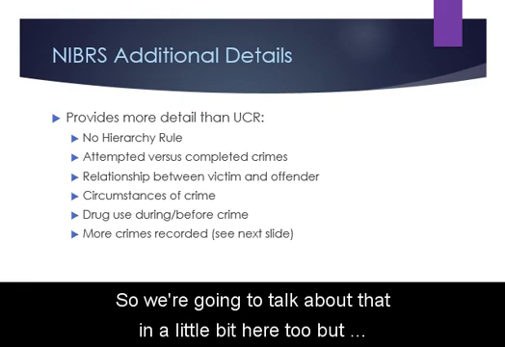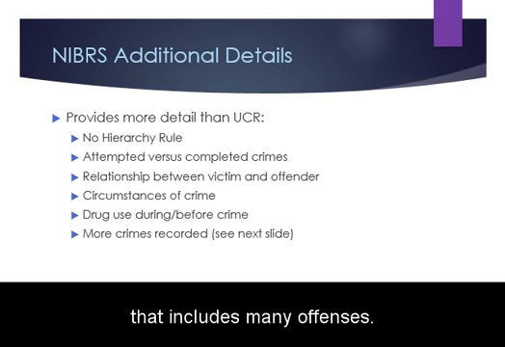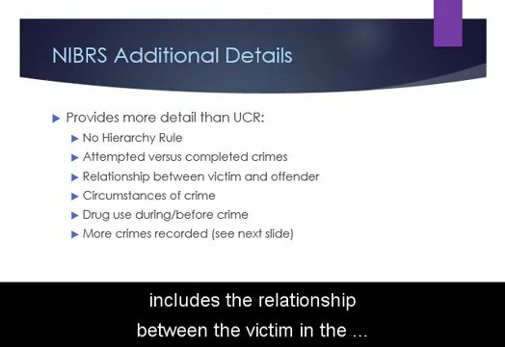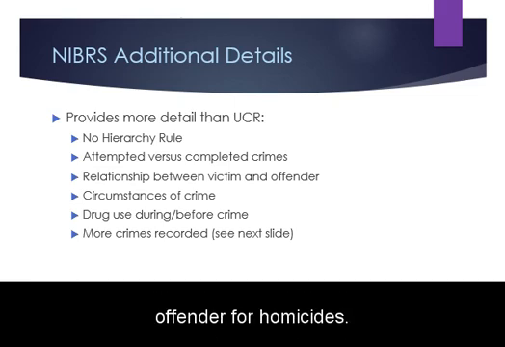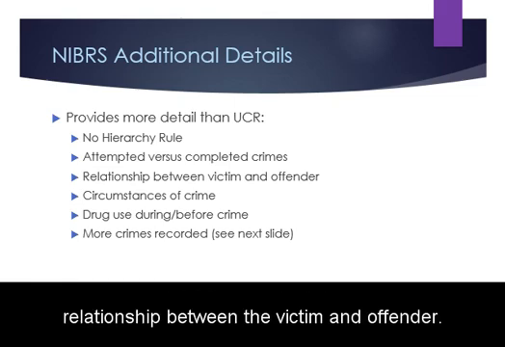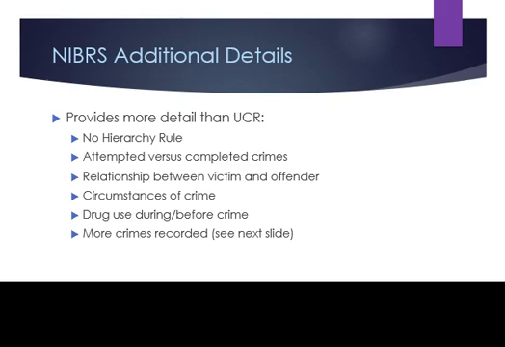We're going to talk about that in a little bit too. But that includes many offenses. That's different from the UCR, because the UCR only includes the relationship between the victim and the offender for homicides. So NIBRS has a lot more information on that particular relationship.